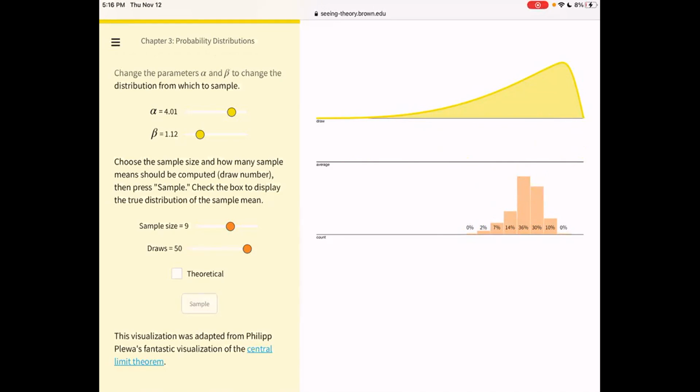You can only get certain outcomes, or your outcomes might not look exactly like a bell curve if your sample size is not very large. But if we increase our sample size now, and 15 is pretty large. I mean, 9 was pretty large also. And we keep doing this, and we keep doing it again.